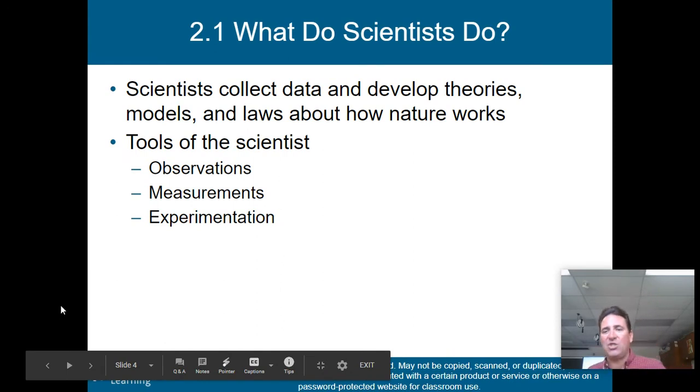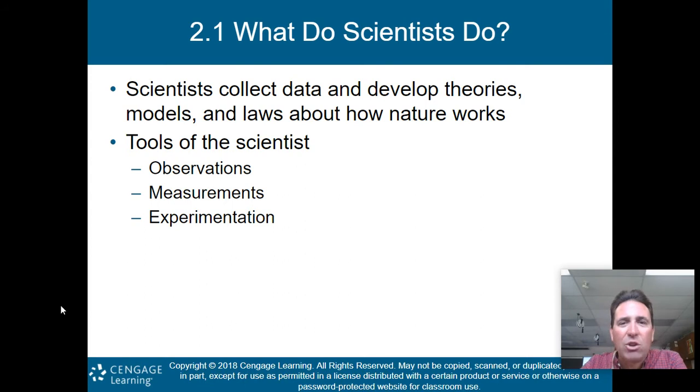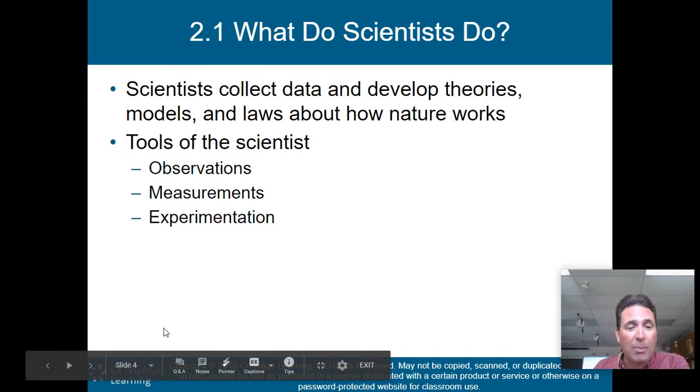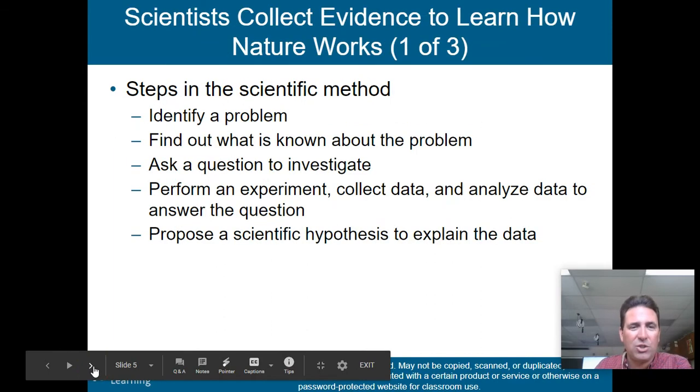So what do scientists do? Scientists collect data and develop theories, models, and laws about how nature works. Tools of the scientist: observations, either with our senses or through instruments. We take measurements, and then we use experimentation to try to determine what our observations and our measurements are telling us.